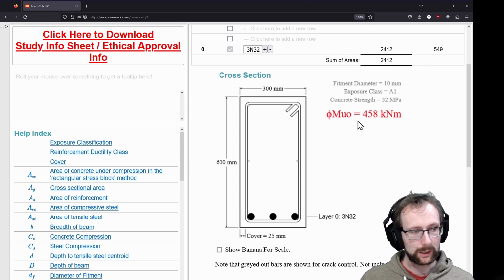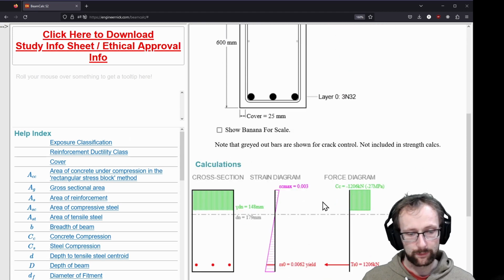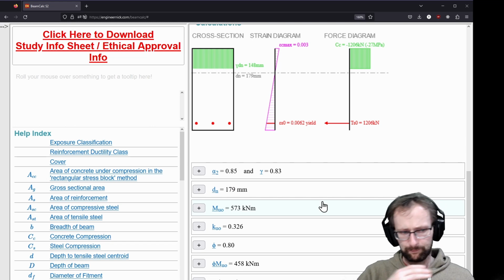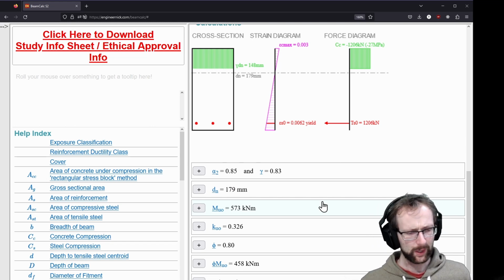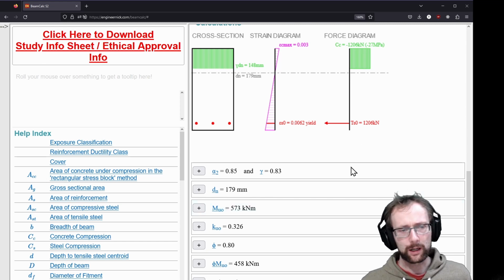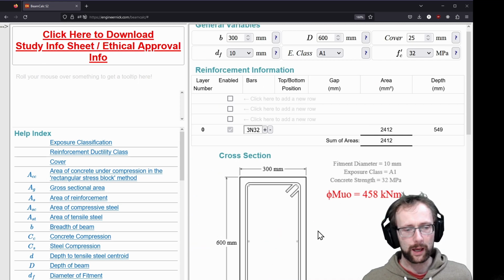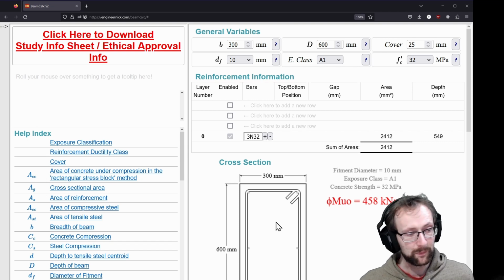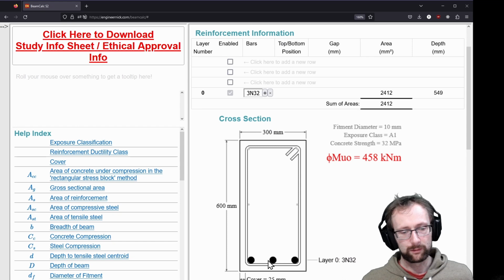It's very deeply connected to the Australian standards, and this uses some deemed to comply methodology of calculating the capacity. I don't think it has anything to do with the actual capacity of a tested beam, but using this kind of calculation method, you know, it's all about calculating the area of the steel and stuff.